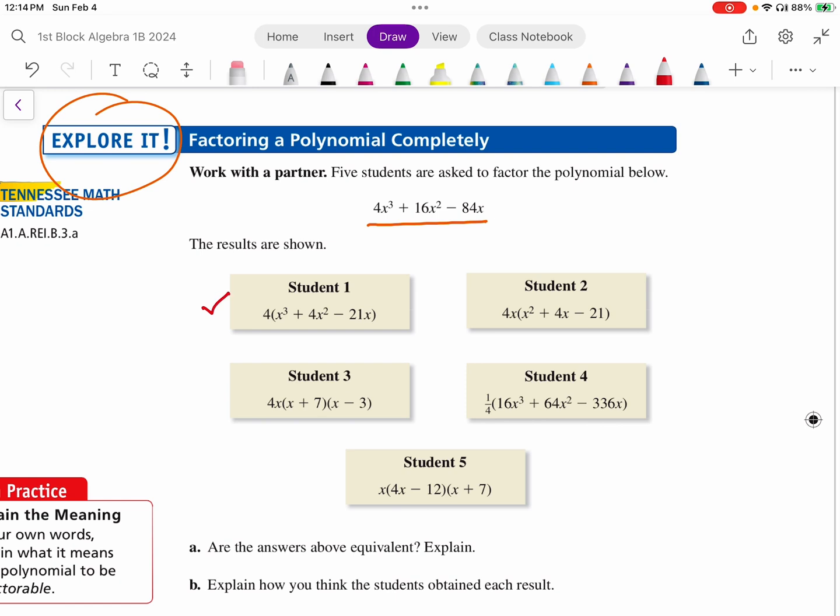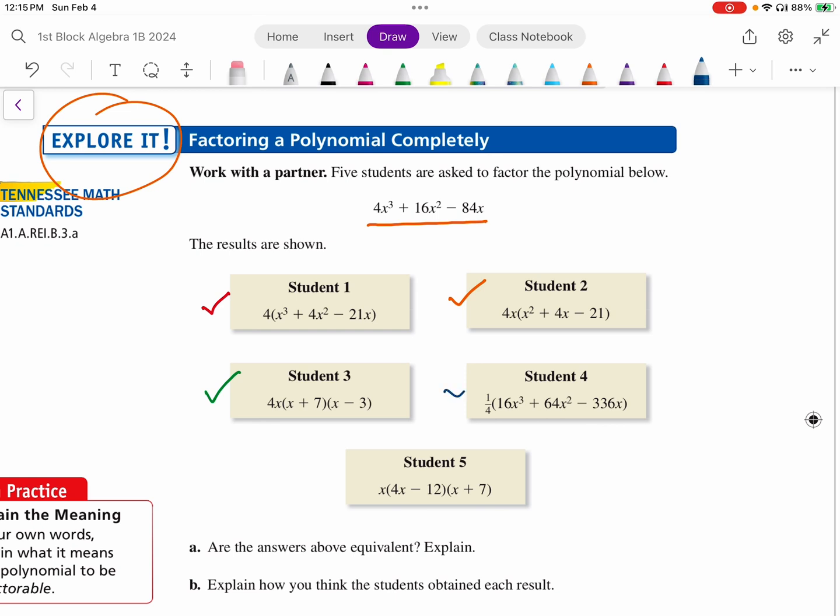Student 1 had 4 times the trinomial x to the third power plus 4x to the second power minus 21x. Student number 2 had 4x times the trinomial x squared plus 4x minus 21. Student 3 had 4x times the binomial x plus 7 times the binomial x minus 3.